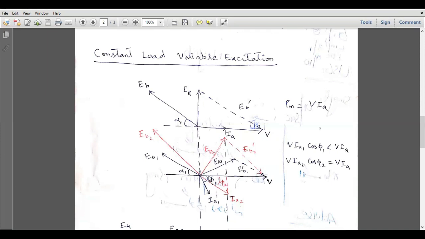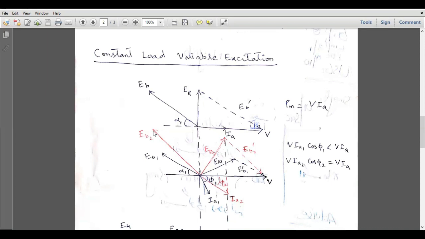Since Ia1 cos phi 1 is much smaller than Ia in this case, the motor has to draw more power from the supply. Since the load is constant, it should produce power equal to V times Ia. So now the motor will reorient its back EMF vector, and the new back EMF vector will be directed in this direction, and its magnitude will also be higher.